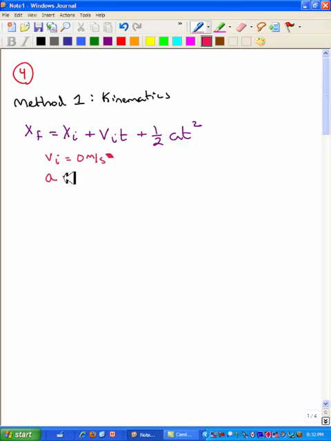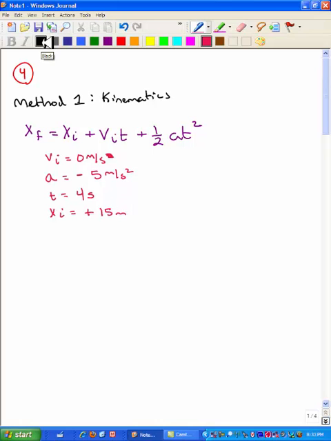Acceleration is negative 5 meters per second squared. Be careful, that's not explicitly stated in the problem, even though it says 5 meters per second squared in the negative direction. Many of you forgot that negative sign. And lastly, time is 4 seconds. Plug everything in. Oh, one more thing. X initial was positive 15 meters.